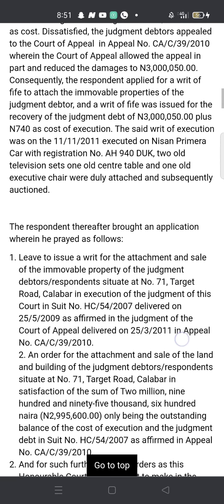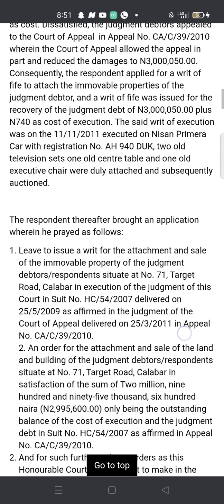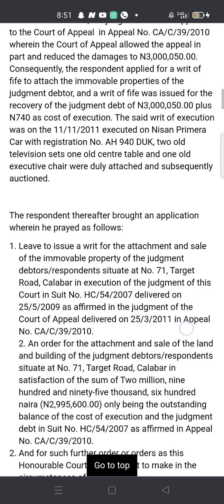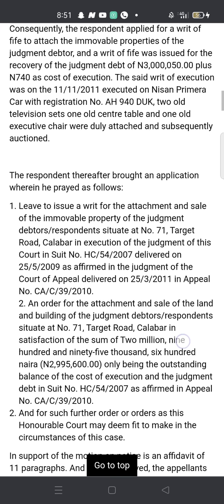Now, the respondent thereafter brought an application wherein he prayed as follows: 1.